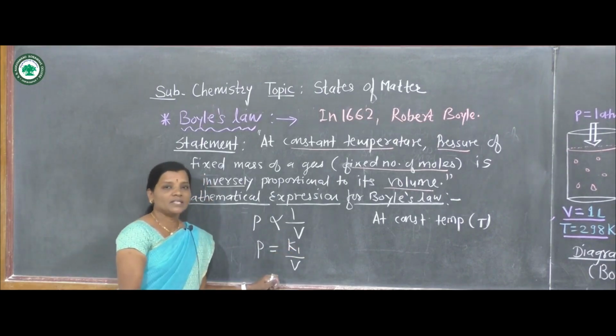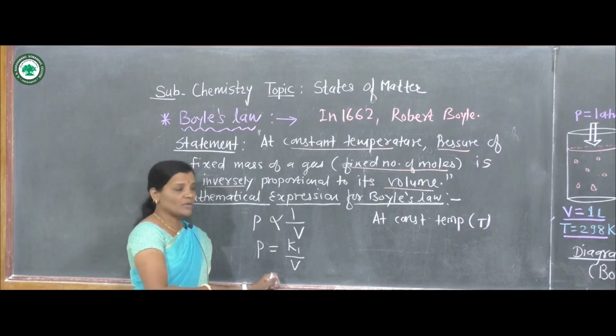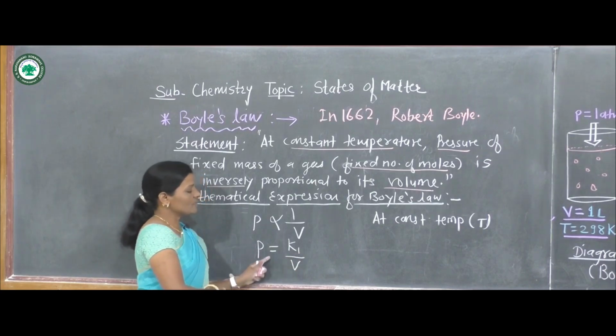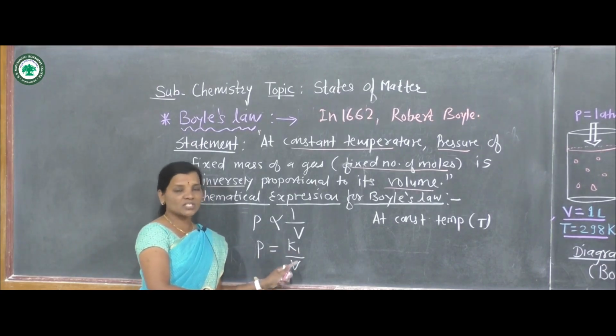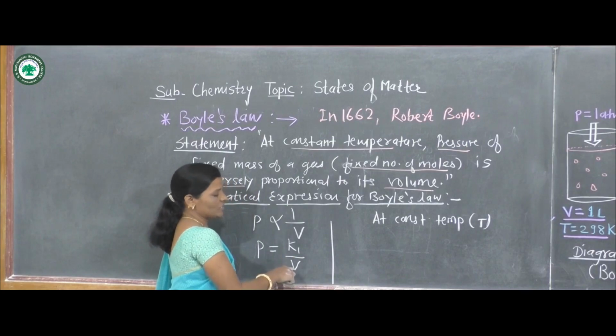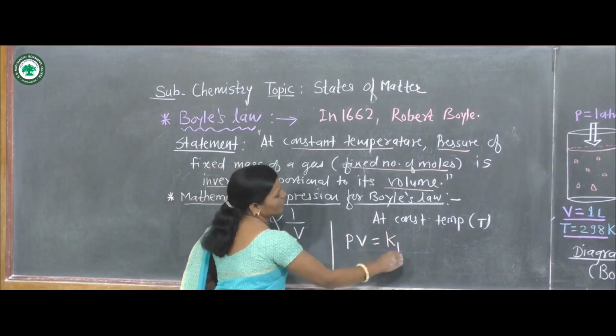In this topic, States of Matter, we have to study 3 different laws of gases. The first law is Boyle's law. For our convenience we are writing K1 for Boyle's law as a proportionality constant, so P is equal to K1 divided by volume of the gaseous system. Now we can rearrange this equation and write P into V is equal to K1.